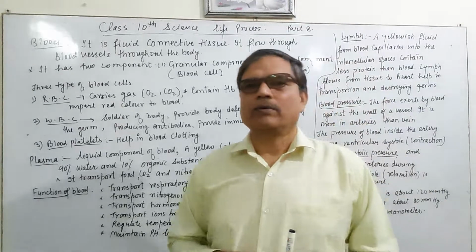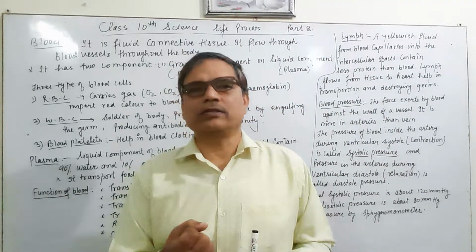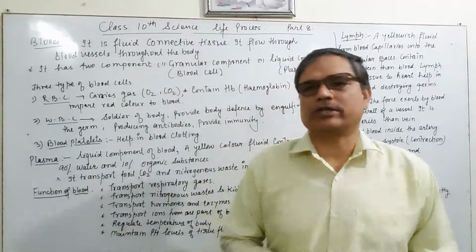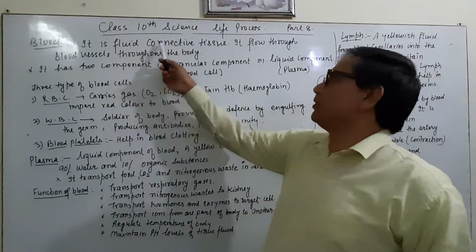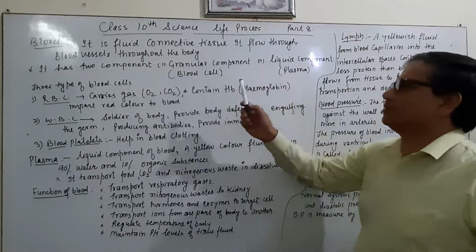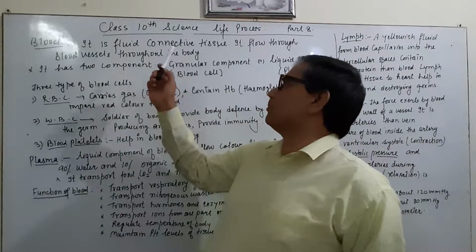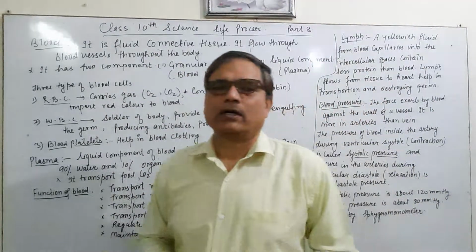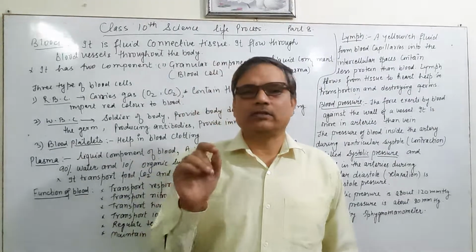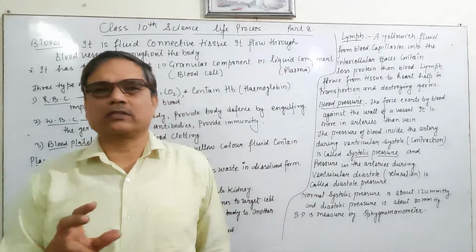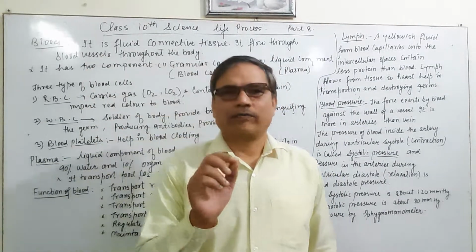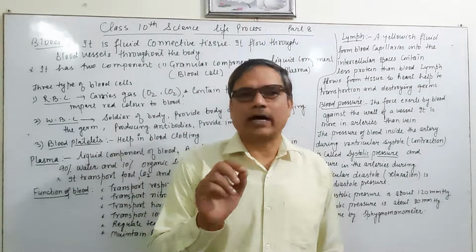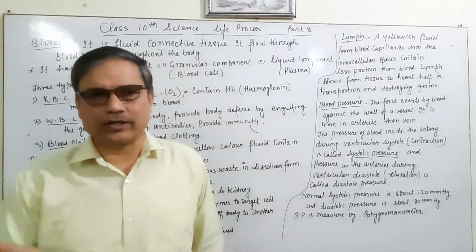It is a fluid because it is in a semi-liquid or liquid state. Therefore it is a fluid connective tissue. It flows through the blood vessels throughout the body. The blood vessels are veins, capillaries and arteries.